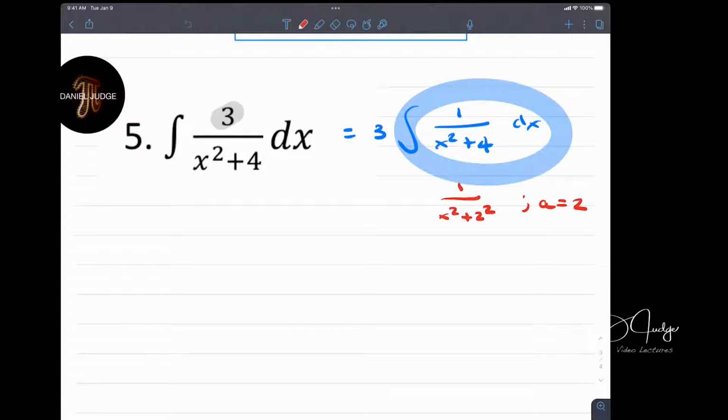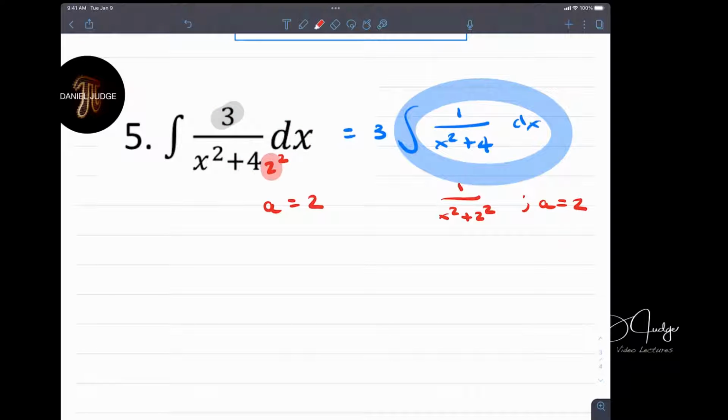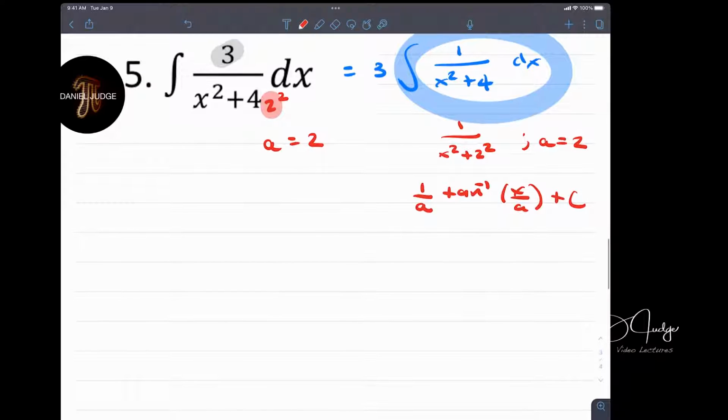So in this case, a is 2 because 2 squared is 4. So this is the a value. So by that particular formula, this integral is really 1 over a inverse tangent x over a plus c, but a is 2 now.